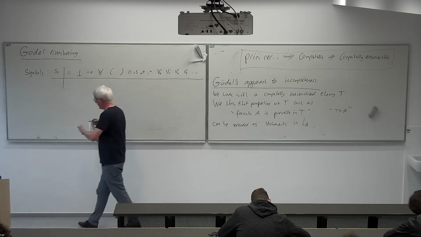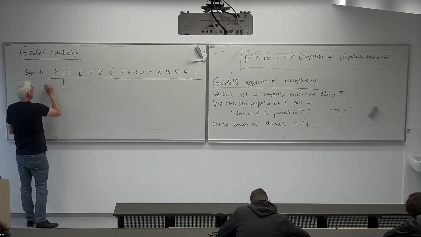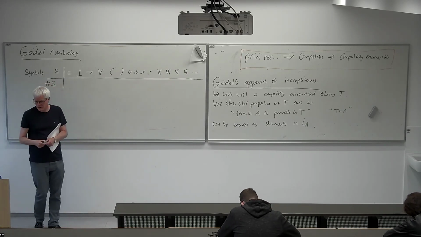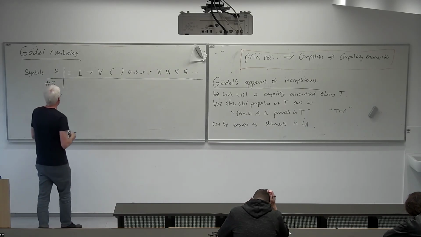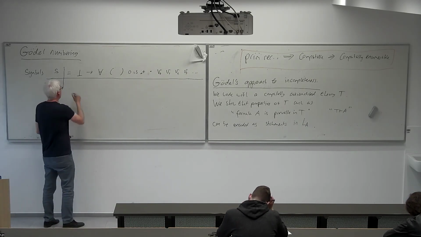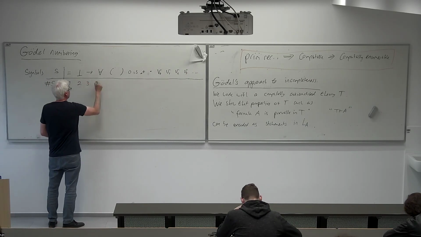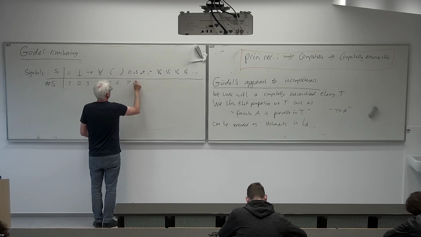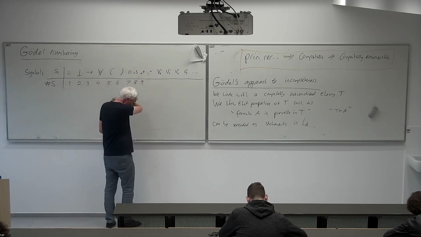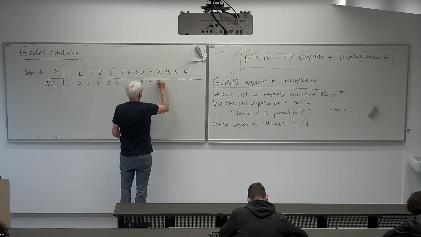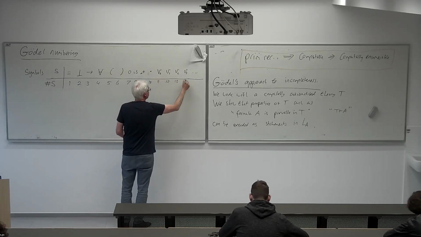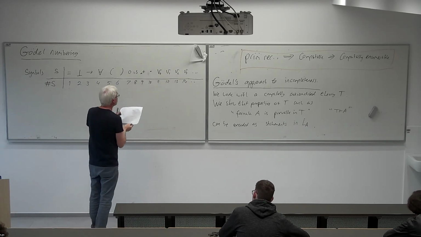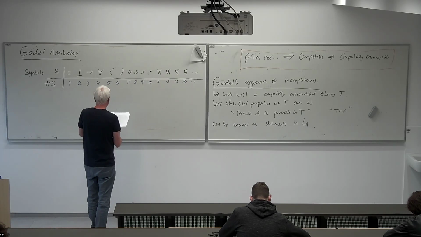And I'm going to give each symbol a number. I'm simply going to call its number hash S, hash for the number of S. And I'm simply going to number them starting with 1. So 1, 2, 3, 4, 5, 6, 7, 8, 9, 10. Anyway, you get the idea. But if that's consistent with what's in the notes, yep, does seem to be, almost.